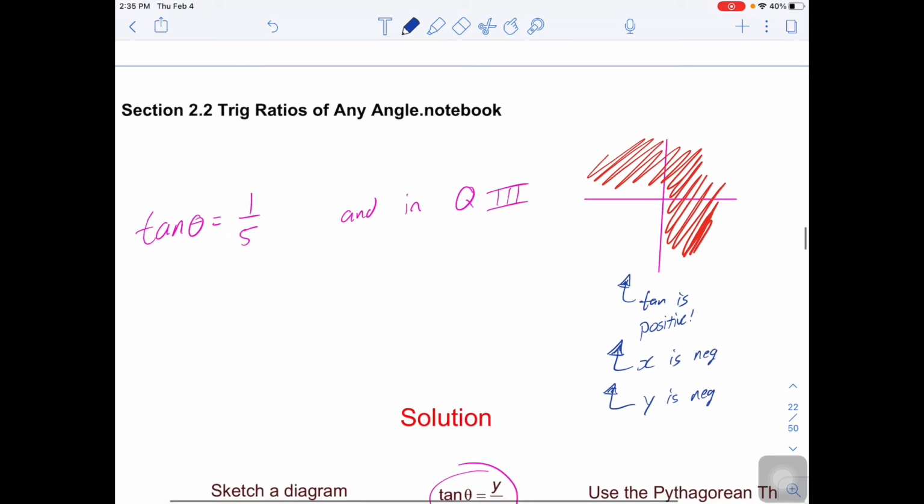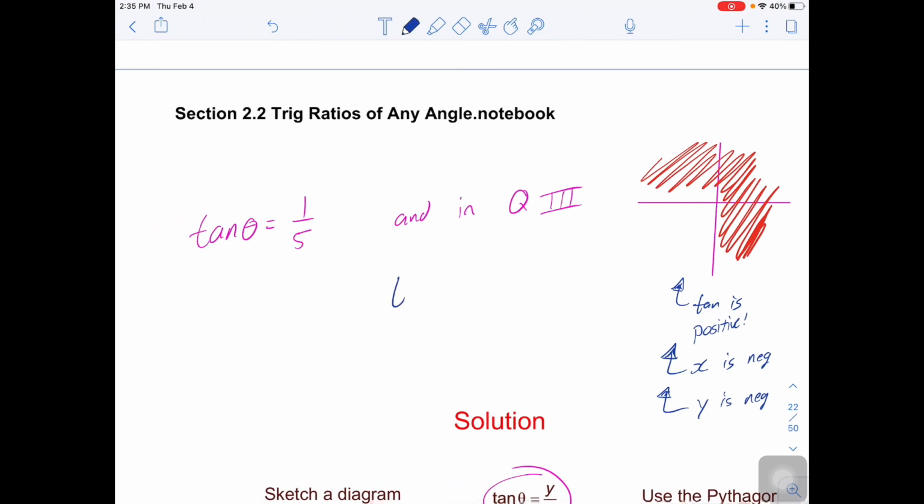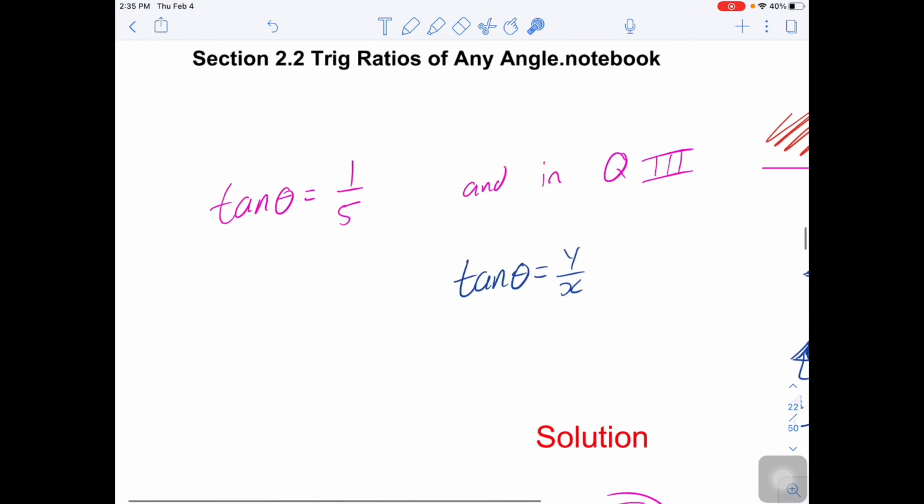All numbers here for x values are negative, and all numbers here for y are negative. The reason tan is positive is because on your data sheet, you know that tan angle equals y over x. If y is negative and x is negative, they cancel out to become positive.